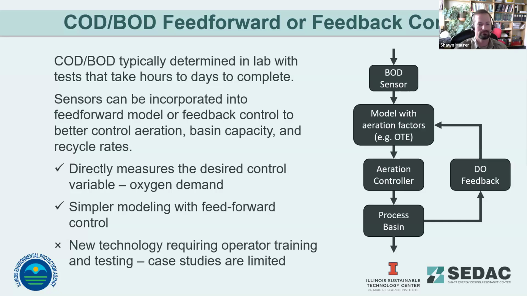Again, you're getting the ability to do either feed forward control or better cascade control of aeration with the direct measurement of contaminants in the water that you're treating for, instead of just the DO reading, which is an indirect measurement of the process characteristics. It's a little bit simpler modeling when you're using a direct measurement, but it is a newer technology, so there is some training involved, testing. People are still working out case studies on implementing this type of technology with these sensors.